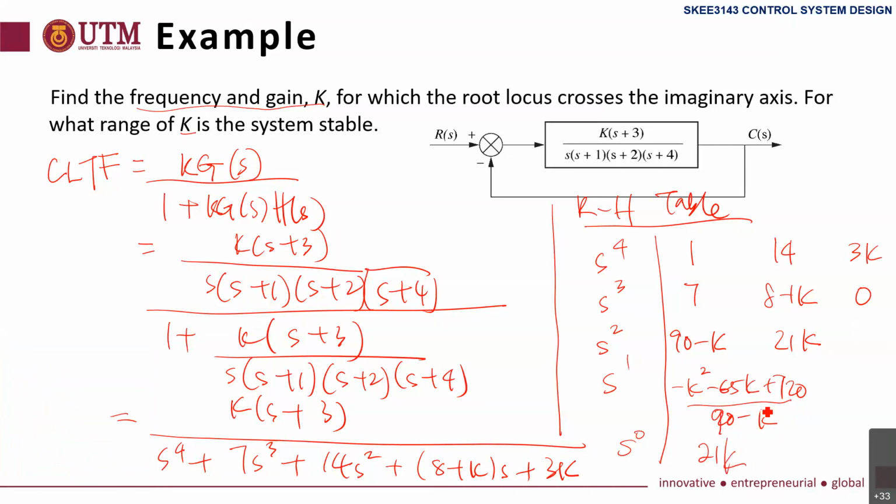In order to be critically stable, there must exist a row of 0.